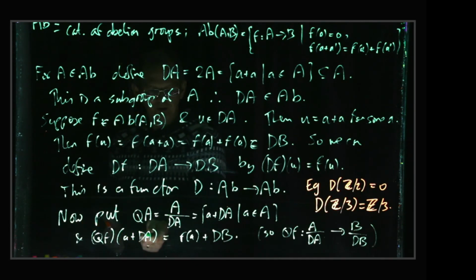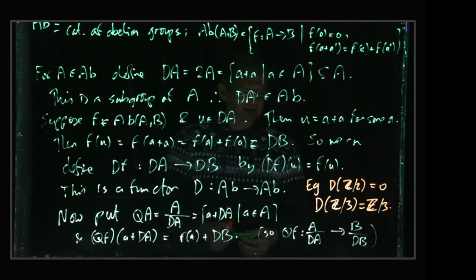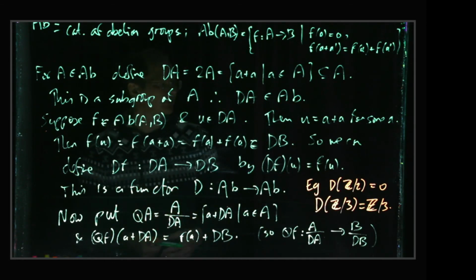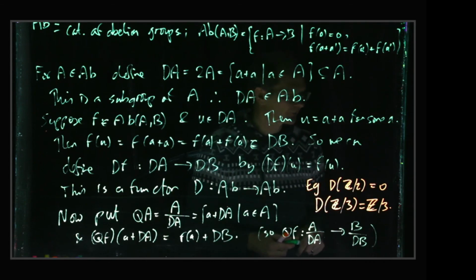You've got a coset a plus D(A), then you just apply f to your a, giving f(a) plus D(B). So we need to check that this is well defined. The same coset could maybe be described as a' plus D(A), and you need to check you get the same answer on the right-hand side here. And also you need to check that Q sends identities to identities and preserves composition.